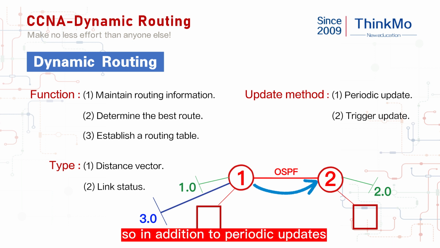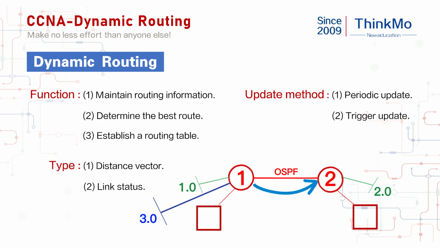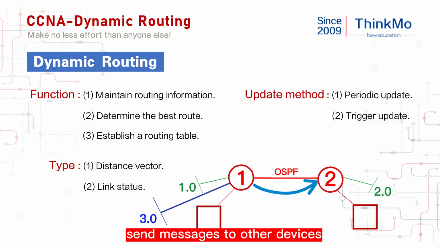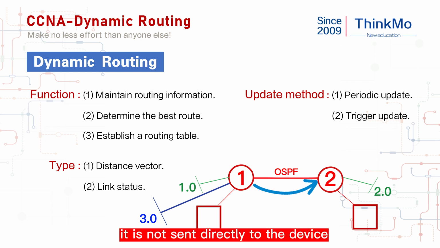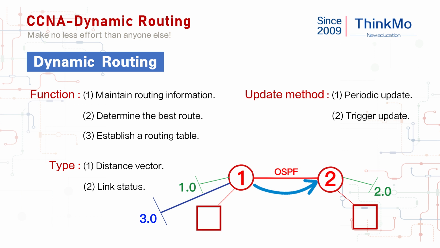So in addition to periodic updates, it also has another way to update: triggered update. The two run in parallel. With triggered updates, OSPF will send messages to other devices. Of course, it is not sent directly to a device; it uses multicast.